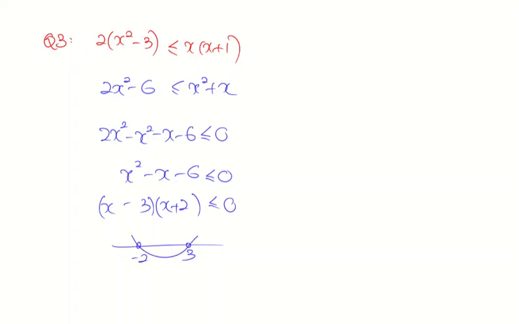Smiley face always. And then here is less than 0, means below the line. Okay, now the x value is here and here. That means x is more or equals to negative 2 or here. Okay, please try again the question.